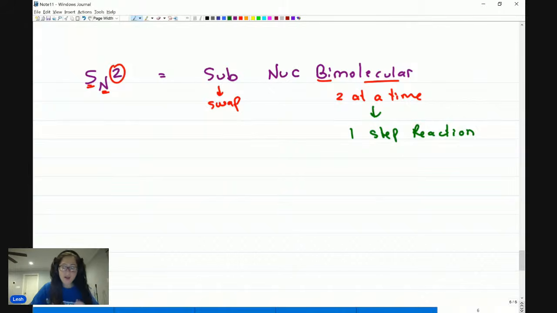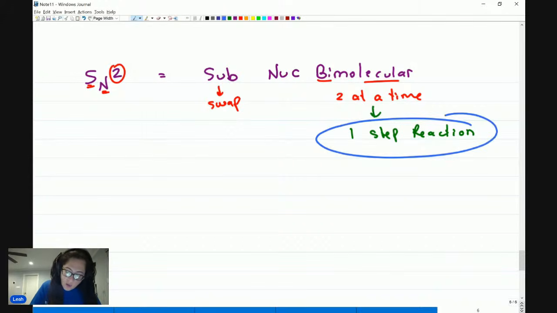A single step. And so, do you think carbocation stability is going to play a role in the SN2 reaction? That was a trick question that for some reason professors don't think to clarify. A carbocation intermediate is an intermediate.